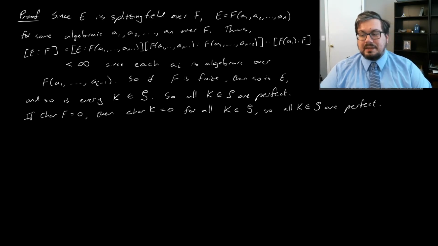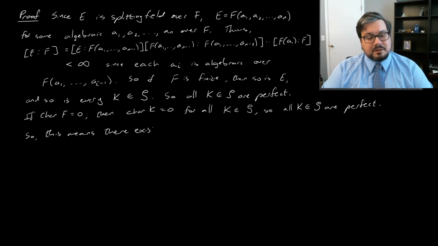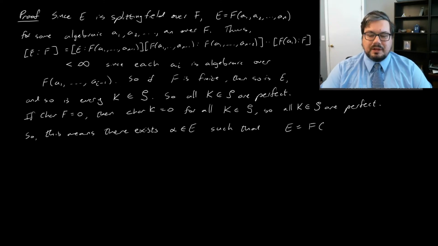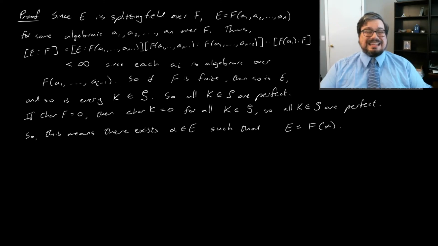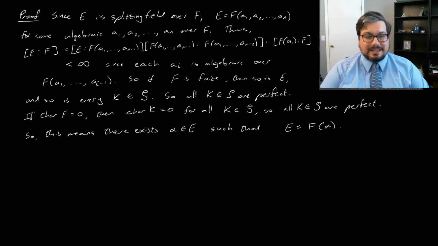In particular, this means that there exists an alpha in E such that E is equal to F(alpha), that E is the smallest field containing F and just one element over F. You remember that we proved that this is the case whenever we're dealing with perfect fields.